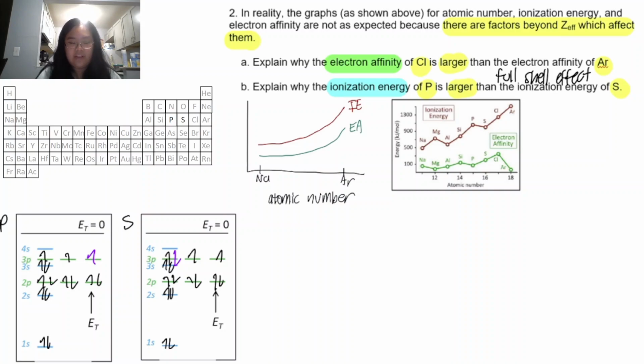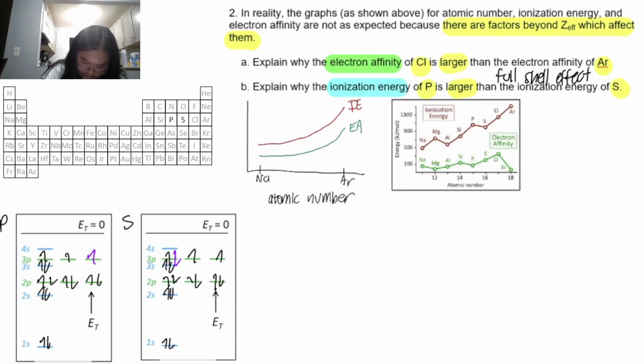Now, if you remember, electrons are negatively charged, and since like charges repel, these 2 electrons are repelling each other, and this leads to destabilization. And destabilization results in the entire 3p subshell in sulfur to have a higher energy level. So let's write that down.